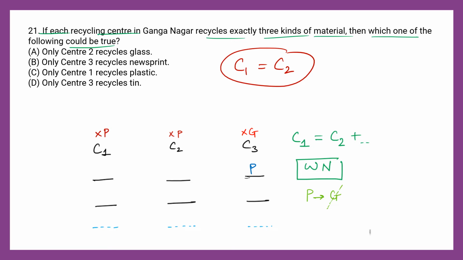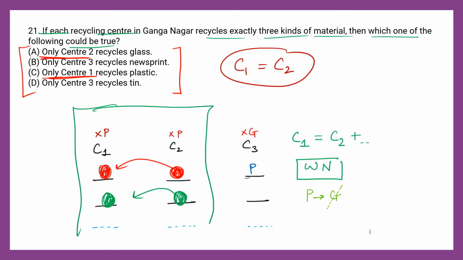The other thing is that when you look at the options, there is nothing that only center 1 or only center 2 could recycle, because anything that is here is also here. Everything in C1 and C2 is shared by the two centers, which means there is nothing that only center 2 has and nothing that only center 1 has.